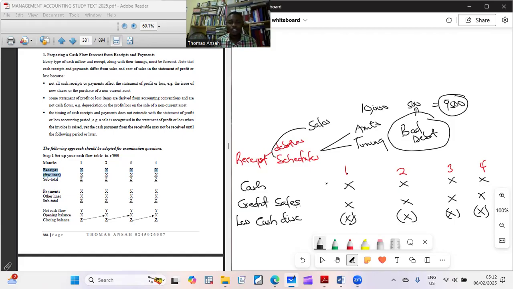So just make sure that if there is bad debt, depending on how it is, you either subtract it before you do the distribution here, or, if the question says that every debt that is 60 days due, that is after 2 months, is recommended as bad debt, then you collect the first 30 days in the first month, you collect the second, but the remaining one that continues after the 60 days will be a bad debt.